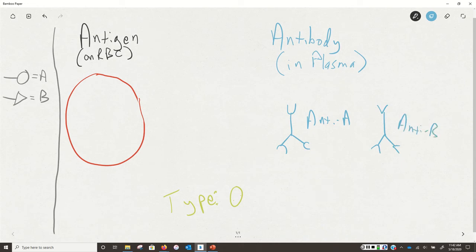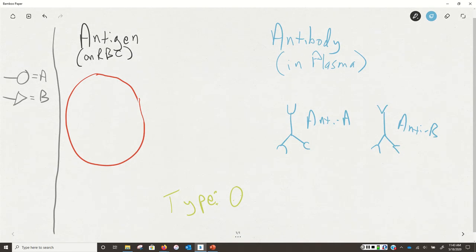They should never have A antigens, so we've got anti-A antibodies looking for them. They should never have B antigens, so we've got anti-B antibodies looking for them. Someone with blood type O has no antigens, but they have both anti-A antibodies and anti-B antibodies.